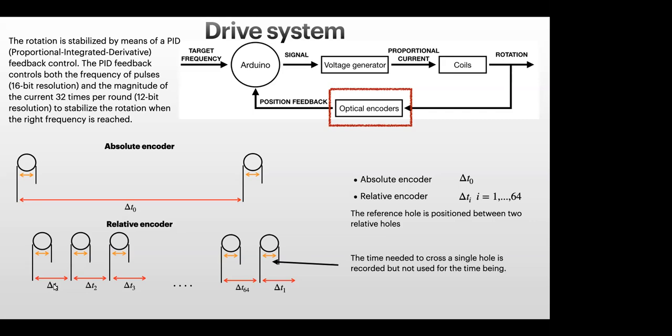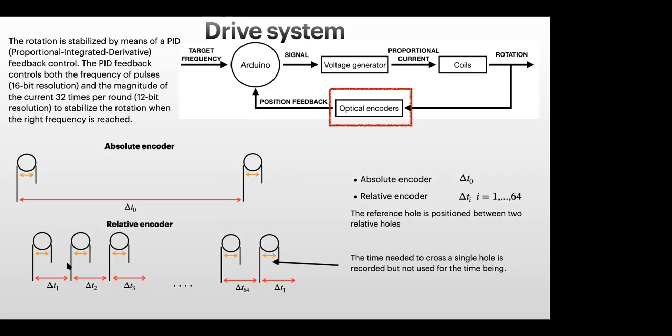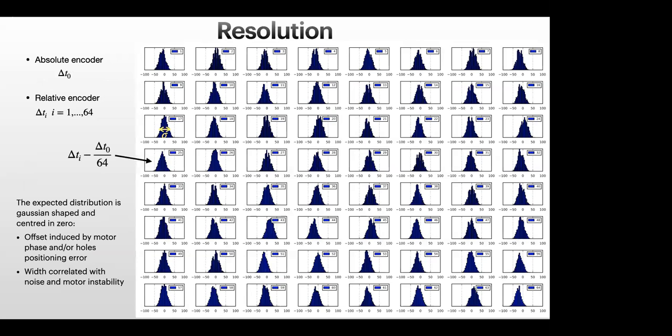We took data for a lot of time, and if we analyze the distribution of the delta Ti as a function of time, we expect to have a Gaussian distribution for each delta T, and this is what we found.